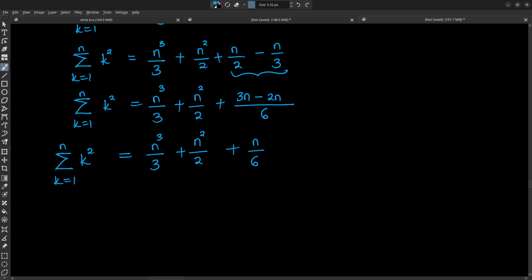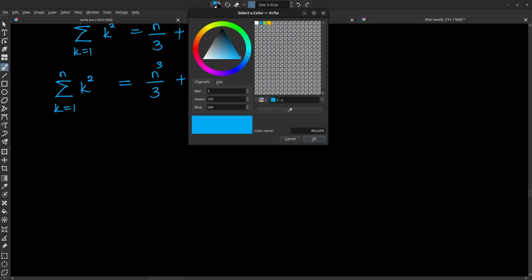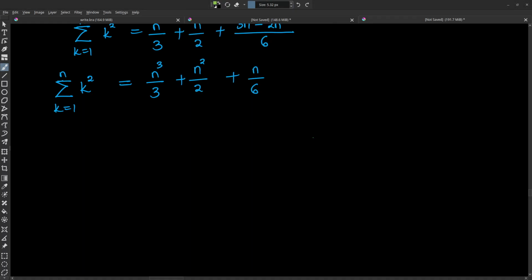So this means that to find the summation of k squared from k equals 1 all the way to n, all you need to do is n to power 3 over 3 plus n squared over 2 plus n over 6. And let's take this for a spin to ensure that we got it right. So we are going to find the sum of the squares of the first 5 integers, from 1 to 5.